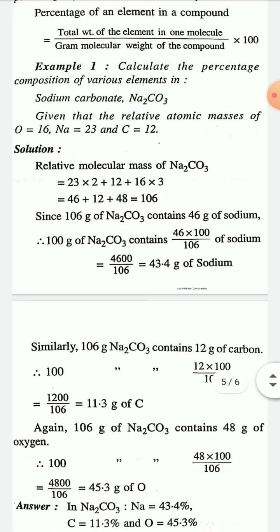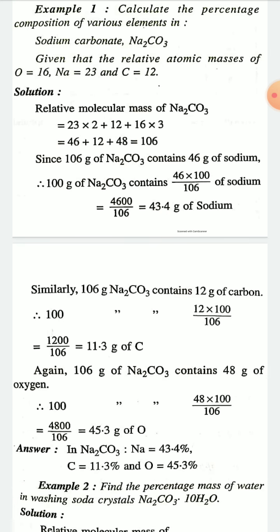Again, oxygen is also present, and 106 gram of Na2CO3 contains 3 into 16, that is 48 gram of oxygen. Then 100 gram contains 48 into 100 divided by 106, that is 45.3 gram of oxygen.